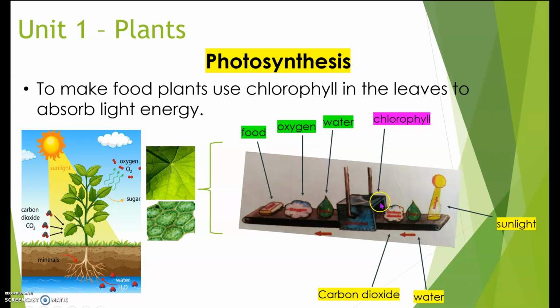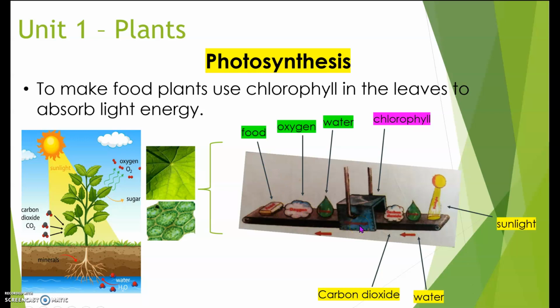After they combine, the leaf will use the chlorophyll again, or its energy, to synthesize or produce new things from carbon dioxide and water. The new things are water, oxygen, and food.